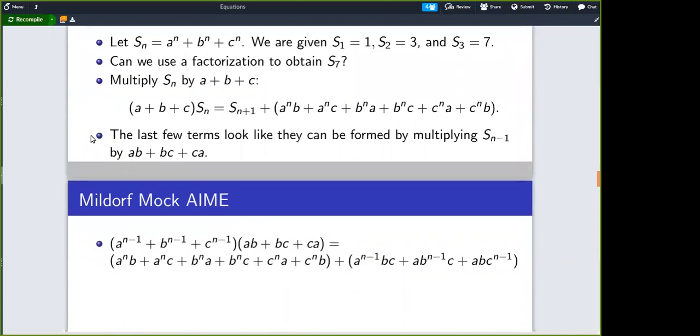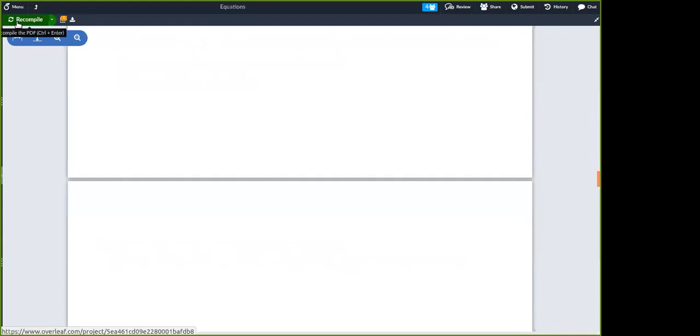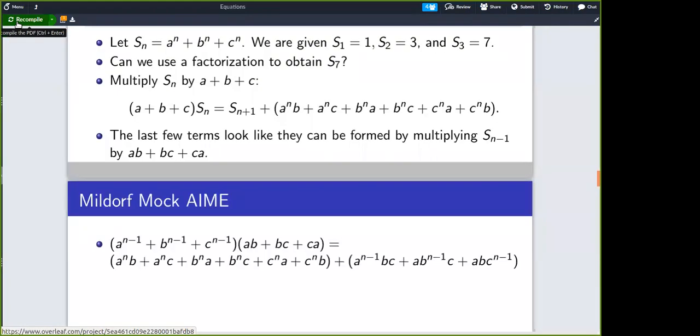So if we expand this, I first grouped out the terms that we had on the right side before. So we have a to the n b plus a to the n c plus b to the n a plus b to the n c plus c to the n a plus c to the n b. And then we have 3 more terms here. But notice that all 3 of these terms are divisible by a, b, and c.